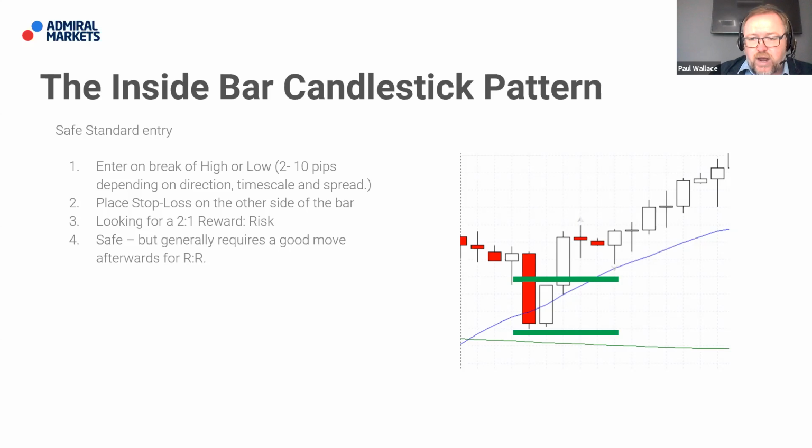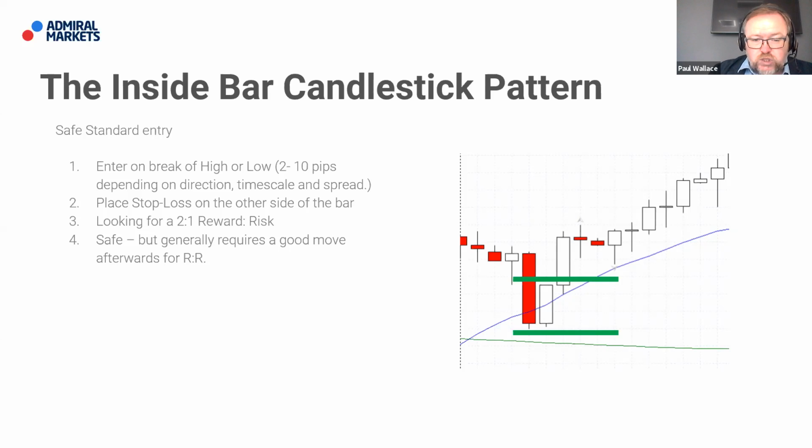What I always suggest is, if you're going to be a buyer, then on an intraday basis, probably 2 pips plus the spread for a buy order. If it's on a daily chart, you might be looking at 5 to 10 pips plus the spread for a buy order. For a sell order, normally I just have 2 pips beneath the low of the candle.